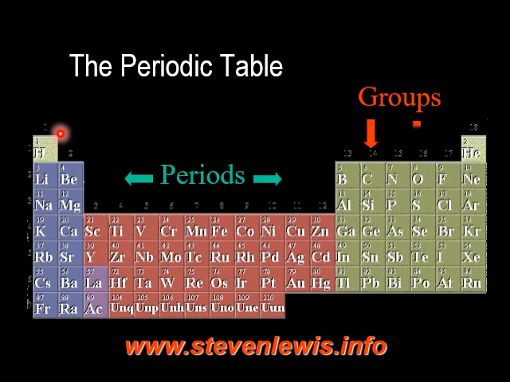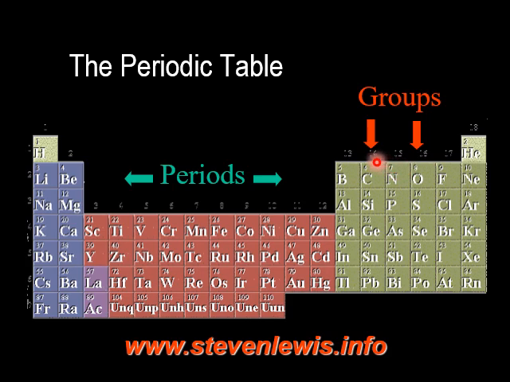So the uppermost period contains 2 elements, hydrogen and helium, which corresponds to the lowest level of our electron hotel, where we can fit 2 electrons.